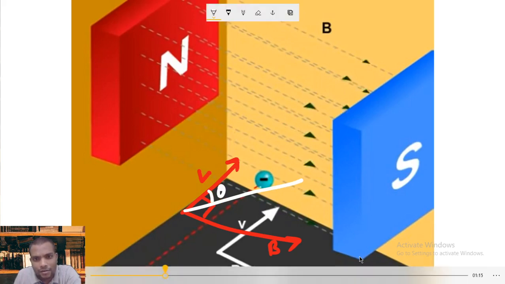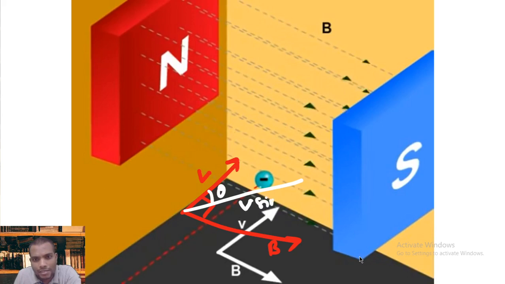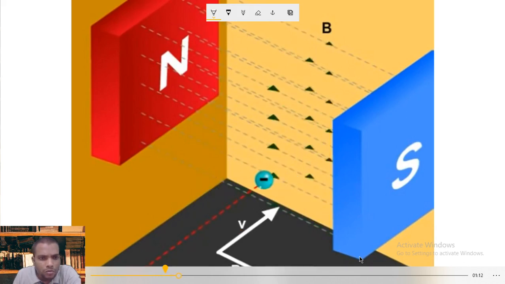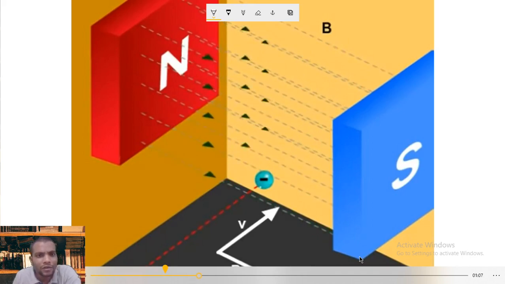So the interaction of the velocity component V sin theta with the magnetic field causes the electron to move in a circular path in the magnetic field.